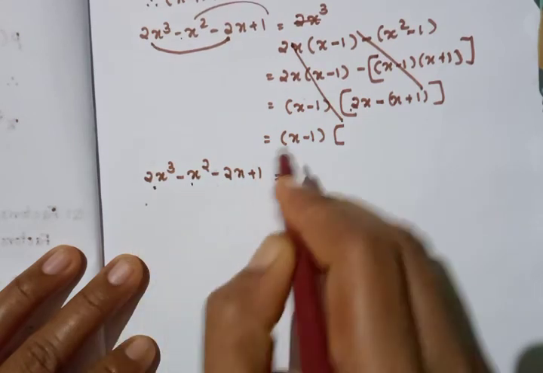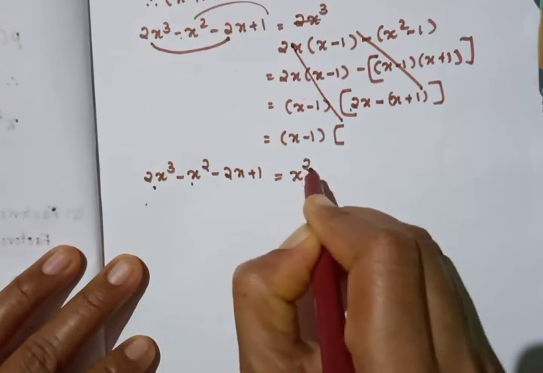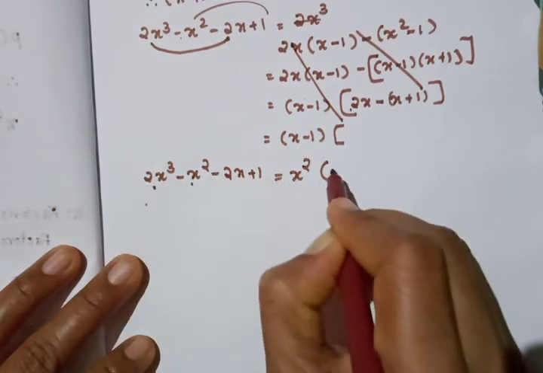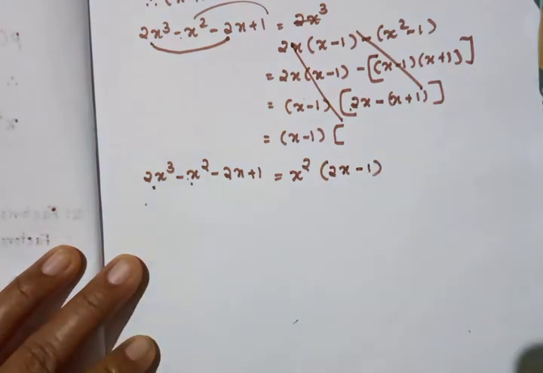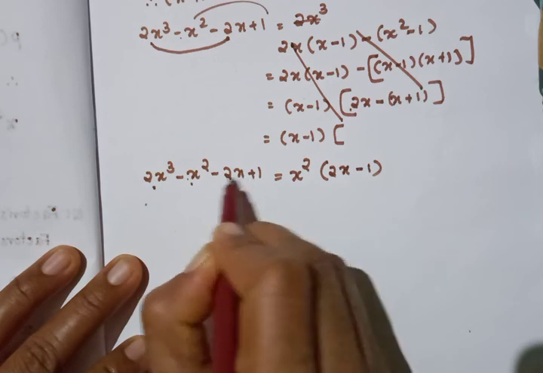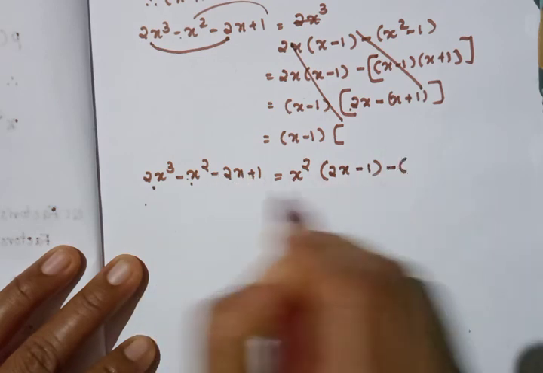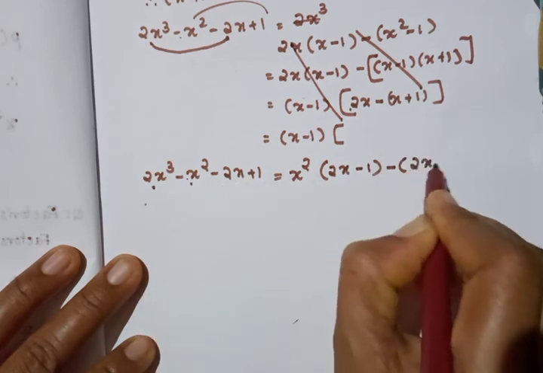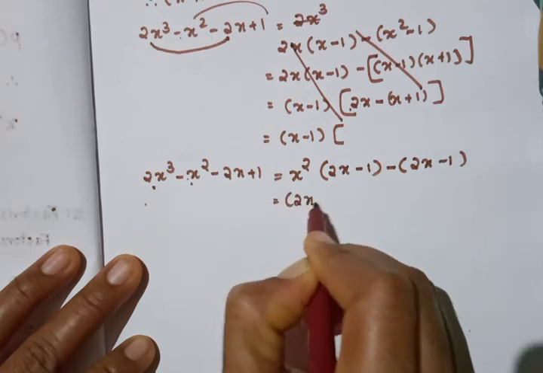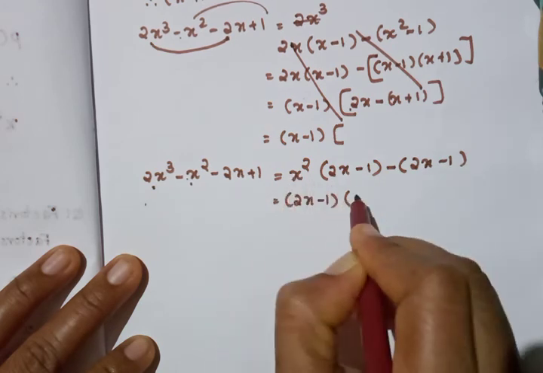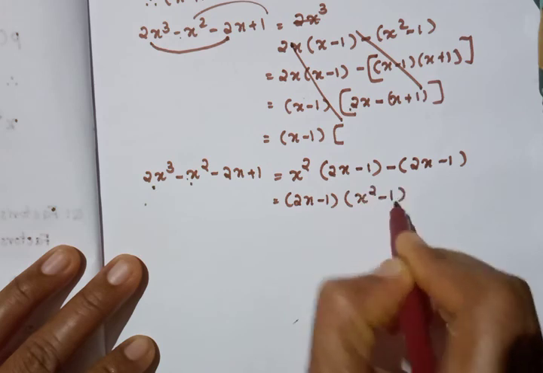From first and second, can you take x square outside? Yes. So what is remaining here? 2x, and from here minus 1. Got it? Again, these two terms, negative you can take outside. 2x minus 1. What is common? 2x minus 1. What is remaining here? X square minus 1.